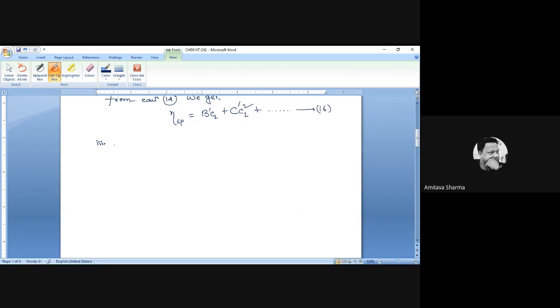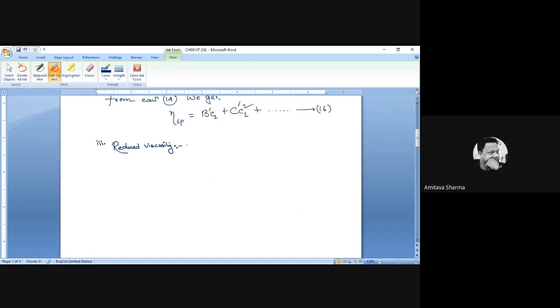Reduced viscosity. So what is reduced viscosity?